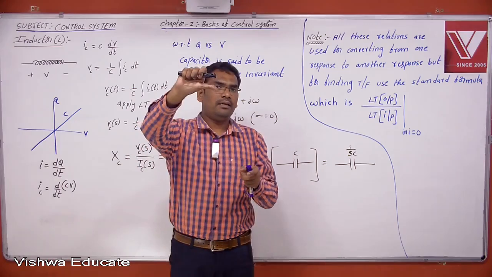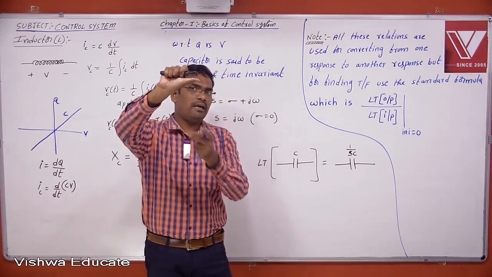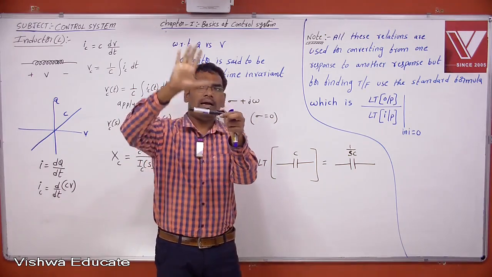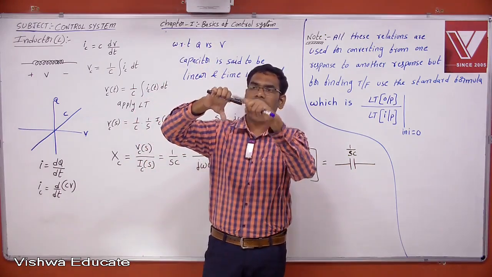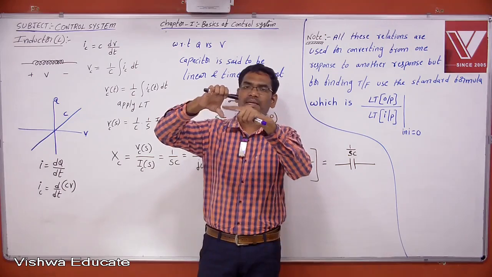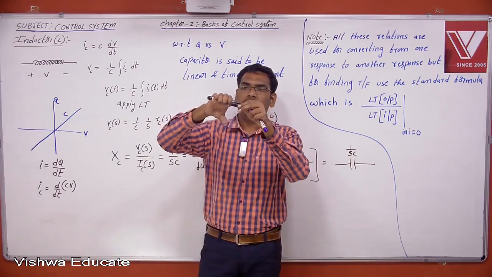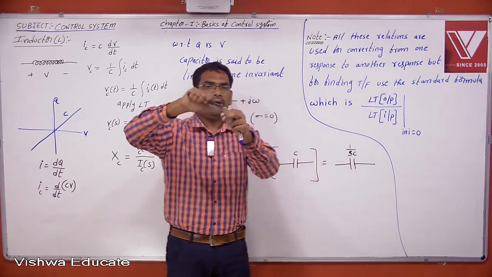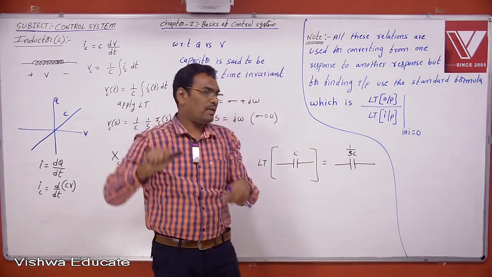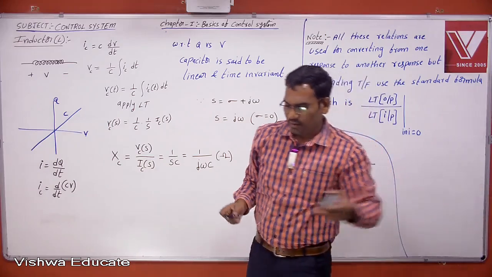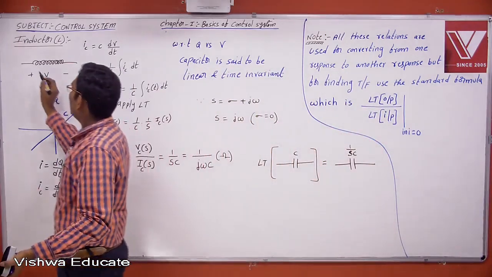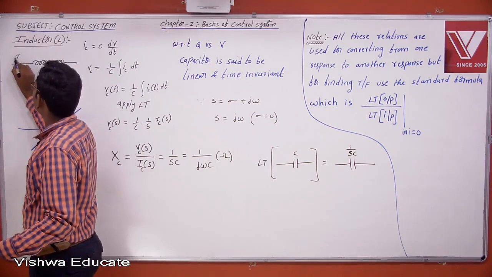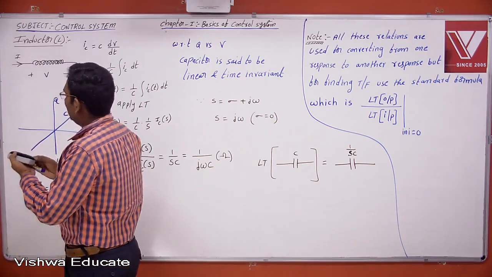Now where is my thumb? This thumb indicates the direction of the current flowing, and these fingers are folding in this direction. In this direction the magnetic flux is linked, and through the thumb direction the current is passing through the coil. This is the current passing through this coil, and this is the flux linkage.